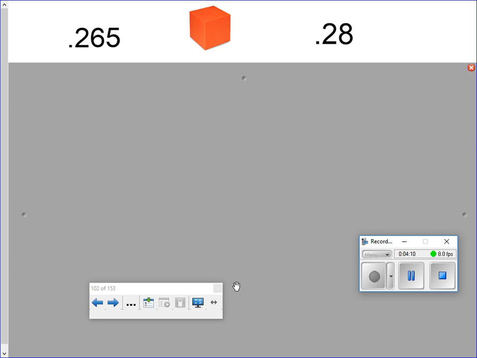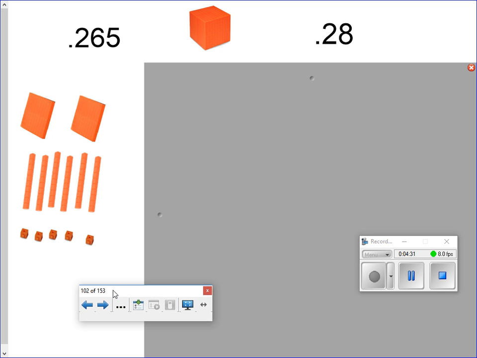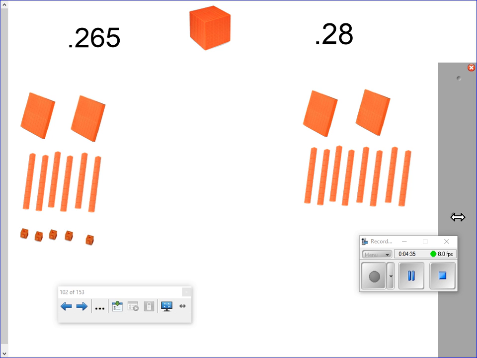We could also compare decimals using our 3D models. So we have 265 thousandths compared to 28 hundredths. If the cube represents a whole, 265 thousandths would be represented by this, and 28 hundredths would be represented by this, which might look very similar.